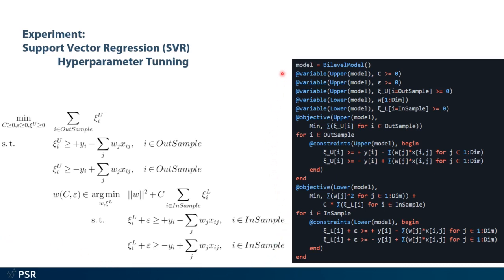In this case, we're putting right on the right side over here the code for this same program. As we can see, the code is pretty much straightforward from the formulation. Just like we did before, we start adding variables to their correct levels, the upper and the lower level, and then we start adding the objective function of the upper level, all the constraints of the upper level, which are upper is right over here.